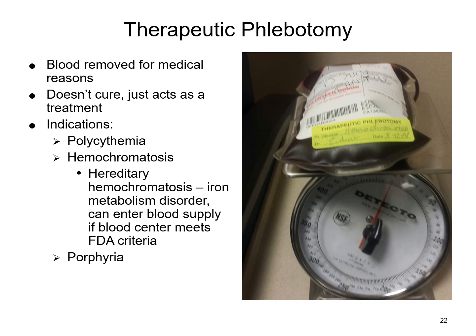It doesn't actually cure the disease process that's causing it, but it does help act as a treatment. So if you have a patient with something like polycythemia, hemochromatosis, or porphyria, the patient ends up having more red blood cell production.